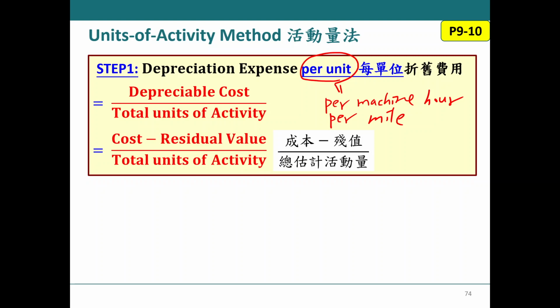The same means cost minus residual value. Cost minus residual value means what? Total value decrease, right? Remember that? Cost minus residual value means your total value decrease.